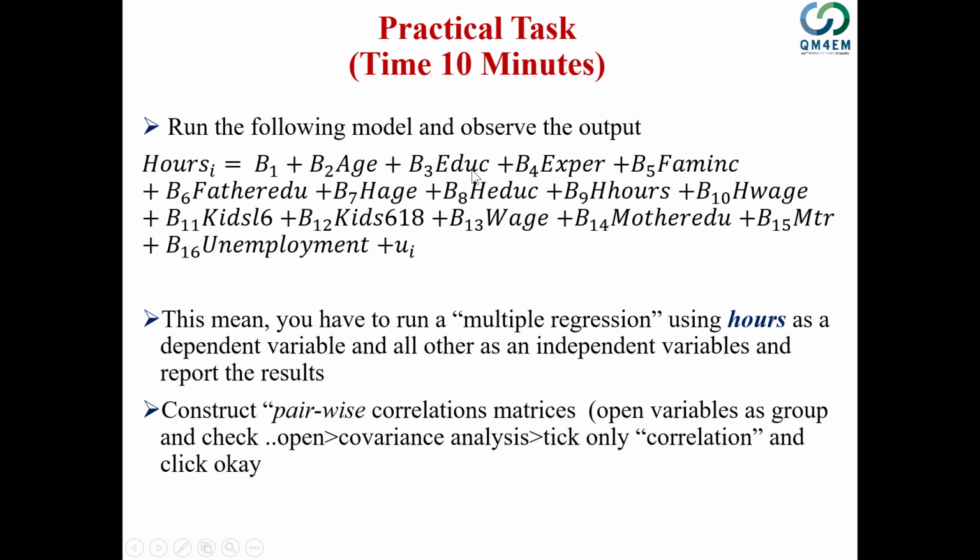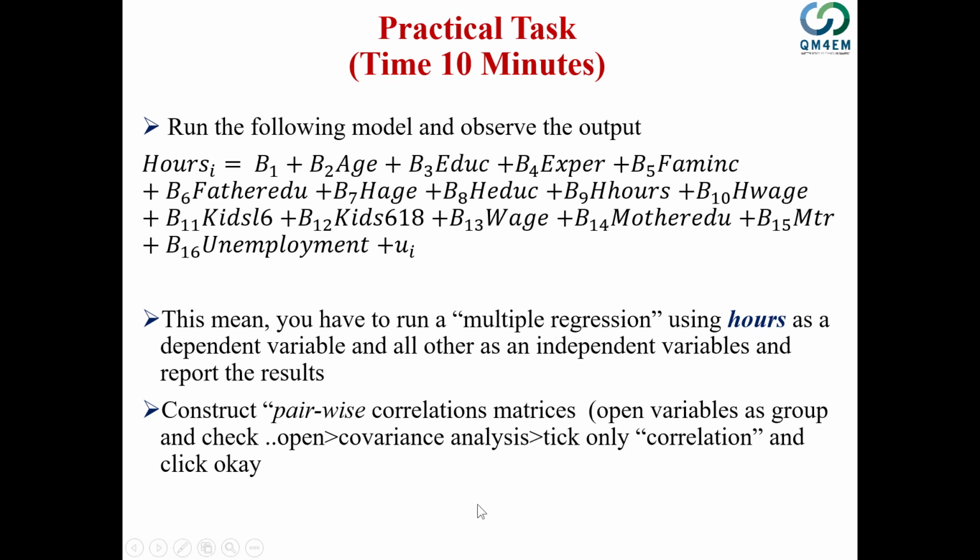Similarly, we will see how education is correlated with age and all these. So we construct a matrix of that. Why do we do that? Because we want to see how the explanatory variables are correlated with one another. Or in other words, we are going to look for a possible multicollinearity issue while constructing these correlation matrices.